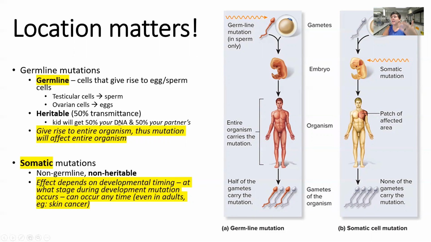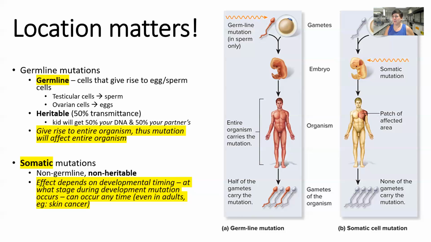So this is why germline mutations, germline cells give rise to sperm and egg, which are passed to offspring and are going to lead to every cell in the differentiating offspring. That's why they are heritable, but also more widespread as far as their effect.